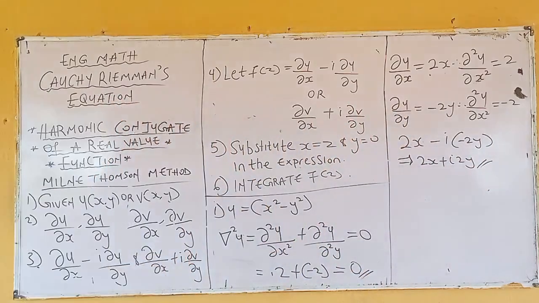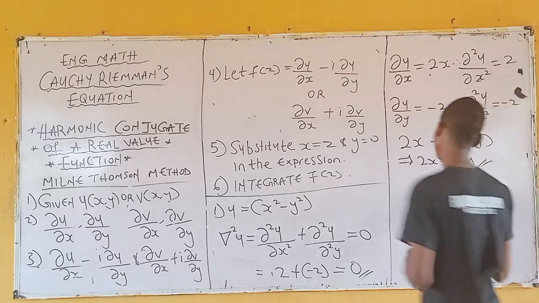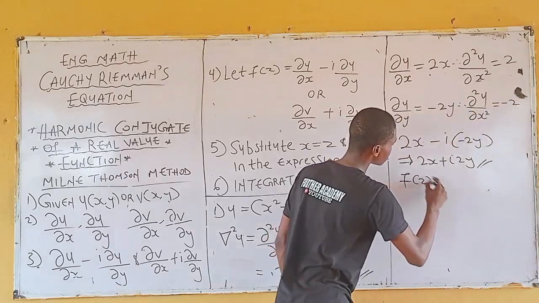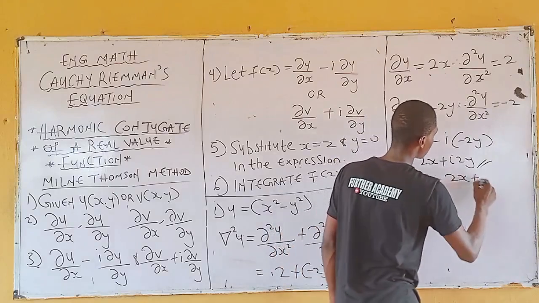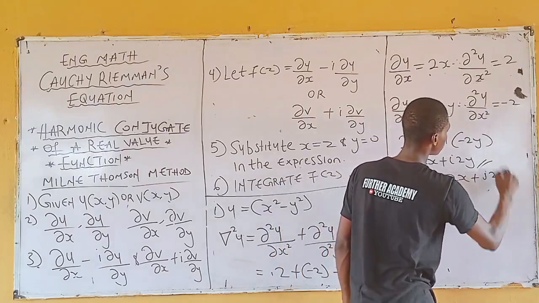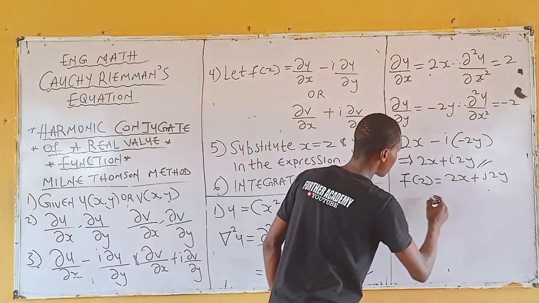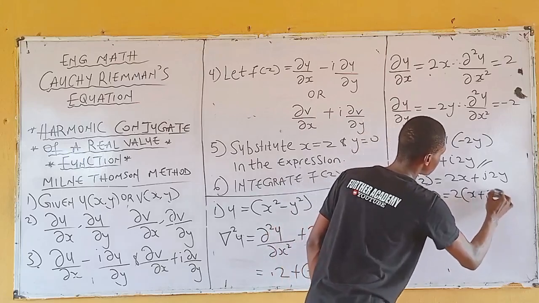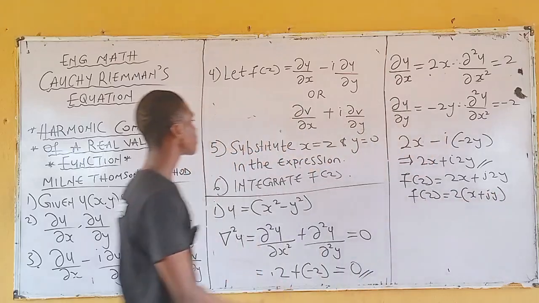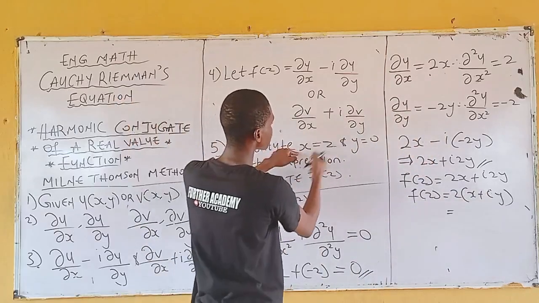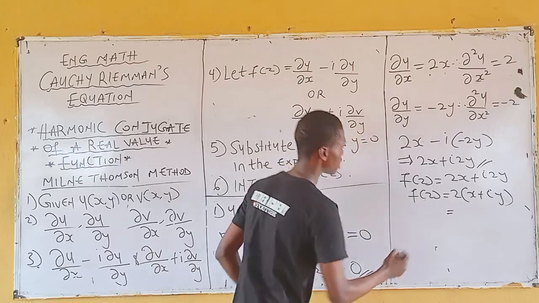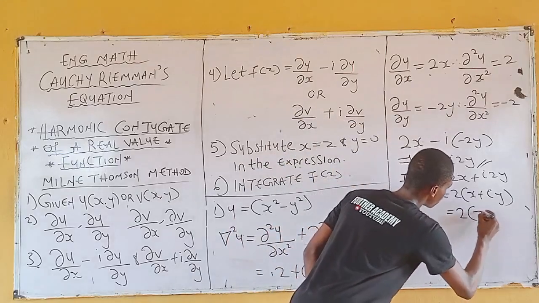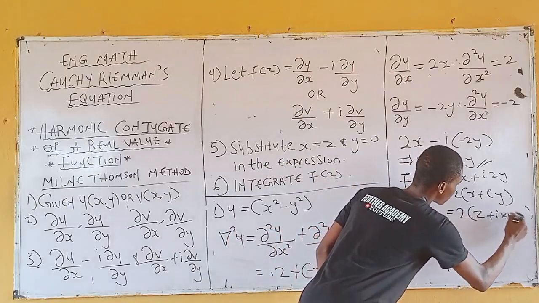Step 4 says let f of z equal 2x plus j2y. 2 is common, so f of z is 2 into the bracket x plus jy. Now from here we substitute x equals z and y equals 0, so I have 2 into the bracket z plus i multiplying 0.